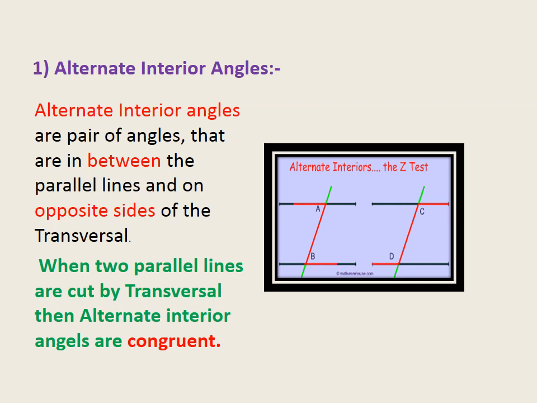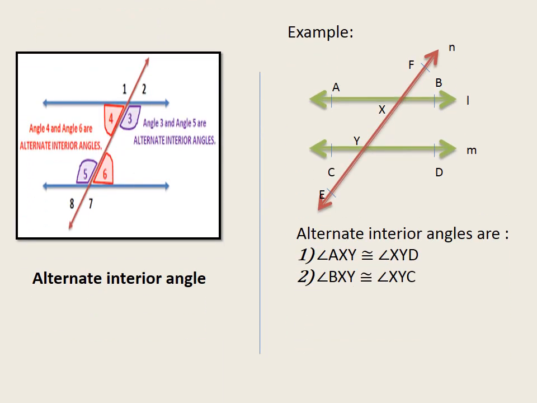When two parallel lines are cut by a transversal, then alternate interior angles are congruent. As shown in this slide, alternate interior angles make a Z. In the example shown on the right side, line L is parallel to line M and line N is the transversal.